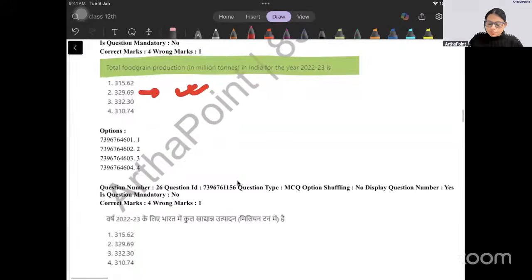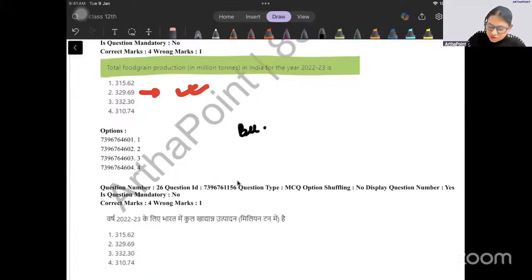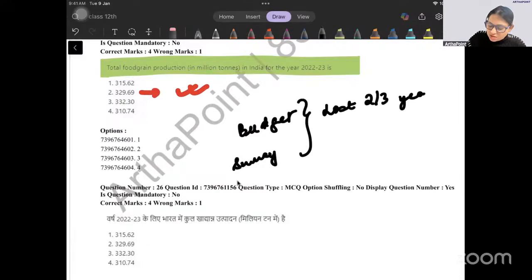So I would suggest that I'm already recording a summarized version of survey and budget, but I would suggest budget and survey of the last 2 to 3 years for your CUET and GATE exam.